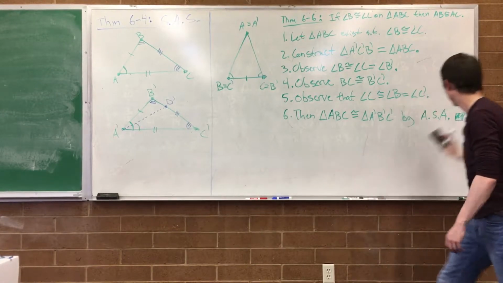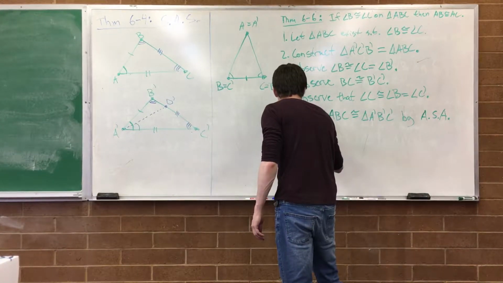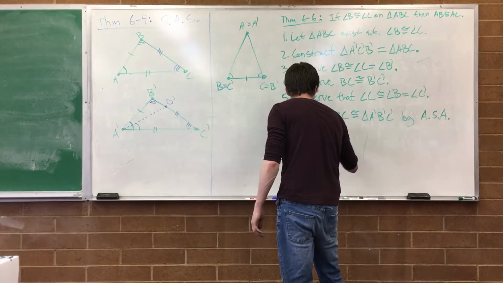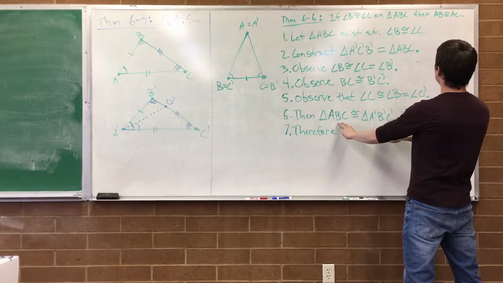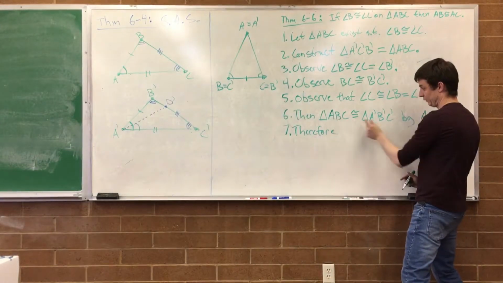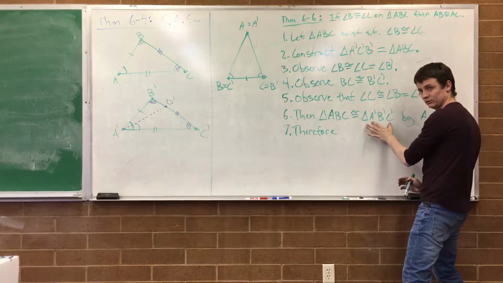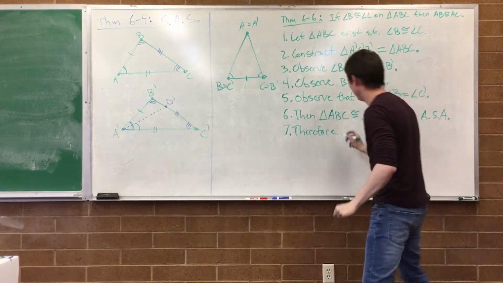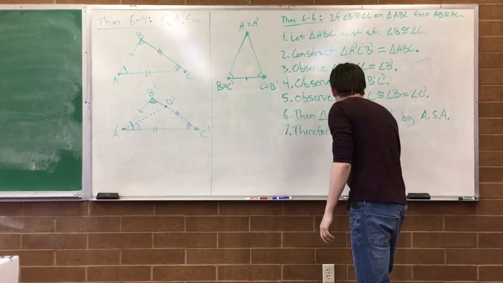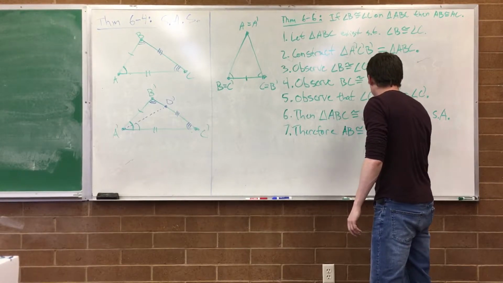Well, guess we're not done yet. Seven, therefore, looking at this, what do I know? I know that that segment's congruent to that segment, that segment's congruent to that segment, and that segment's congruent to that segment. Because they're congruent triangles. But all we care about is that AB is congruent to A prime, B prime. Therefore, AB is congruent to AC, A prime, B prime.